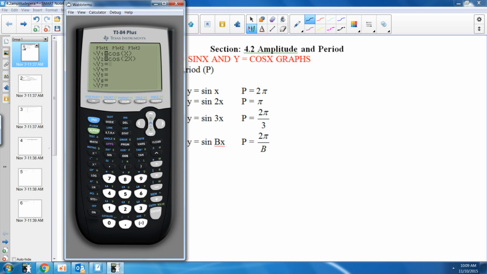And I want to think about it before I graph it again. If I multiply 2 times x, what that means is your x's are going to go through the period twice as fast.